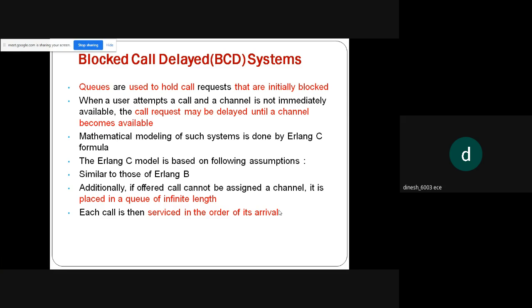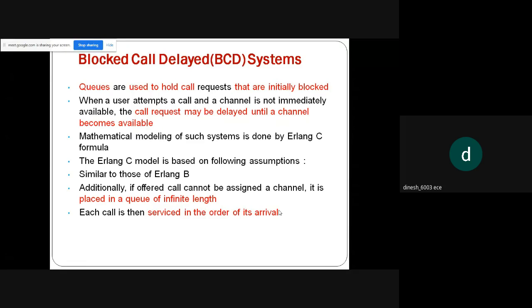Queues are used to hold call requests that are initially blocked. So when a user attempts a call and a channel is not immediately available, the call request may be delayed until a channel becomes available. The mathematical modeling of such systems is done by the Erlang C formula, or the Erlang C model.